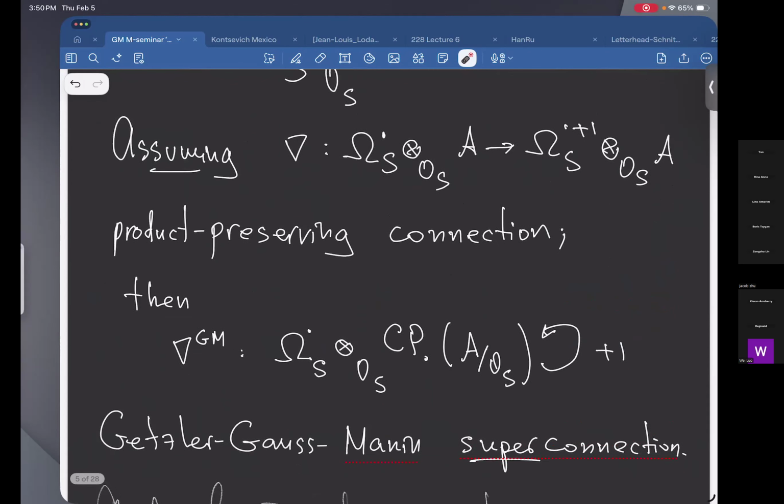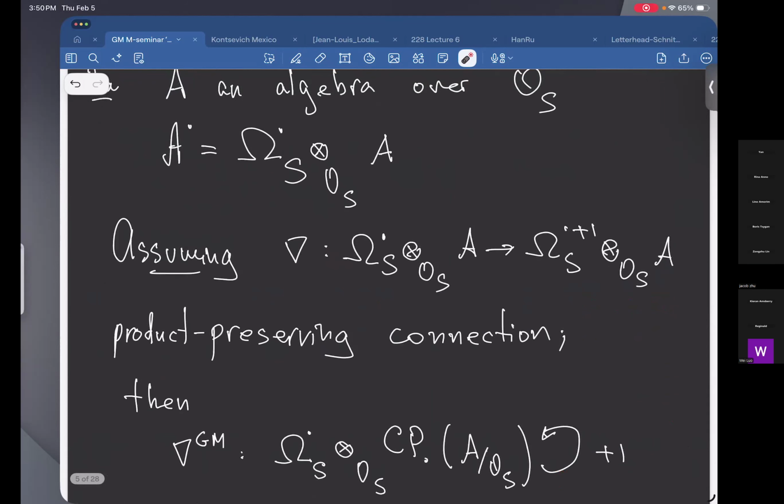There is one nuance: this Ehresmann connection was supposed to be a connection with values in vector fields, so to speak. In this case, it should be a product preserving connection, a connection with values in derivations of the ring. And there is no such notion as locally in A or in the total space.